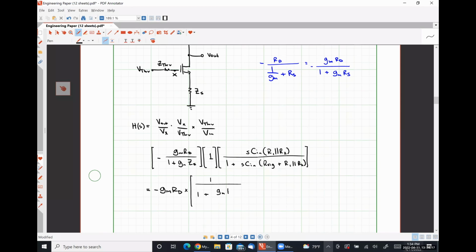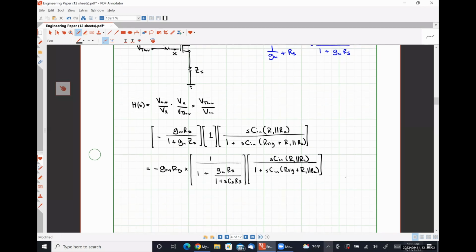So it's going to be GM RS over 1 plus SCS RS, and I'm going to multiply by SCN R1 in parallel with R2 divided by 1 plus SCN times R sig plus R1 in parallel with R2, like so.